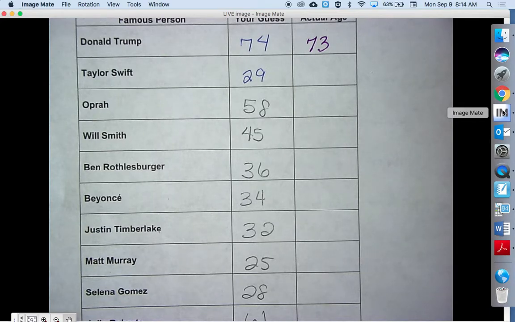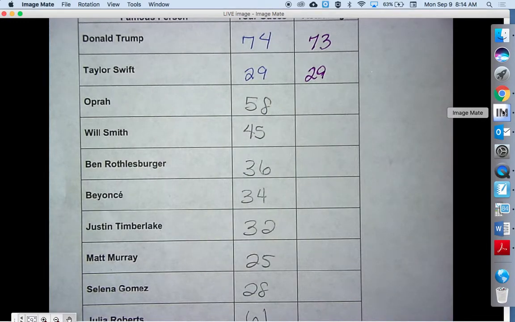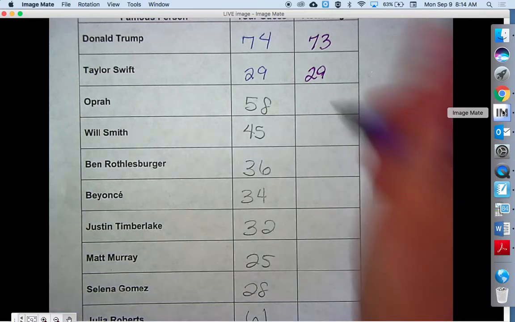So she is 29. She turns 30 on December 13th. I was one off. Oprah was born on January 1st, 1954. So how old is Oprah? She was born in 54. 65.